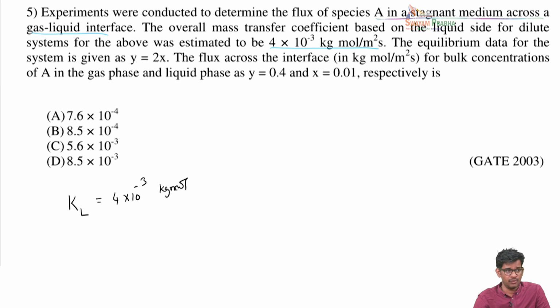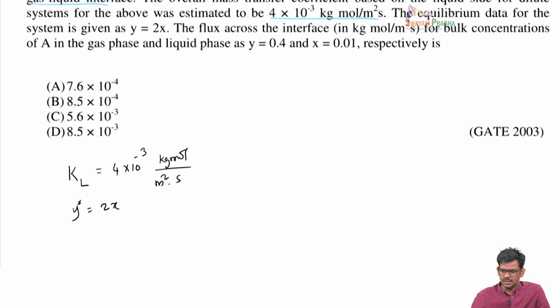And that is 4 into 10 power minus 3 kg mole. Remember, it's a kilogram mole. Kg mole means kilogram mole over meter square second. Equilibrium data is given, y is equal to 2x. What is being asked is what is the flux NA, and additionally gas phase bulk concentration is given, which is YAG 0.4 and XAL is 0.01.